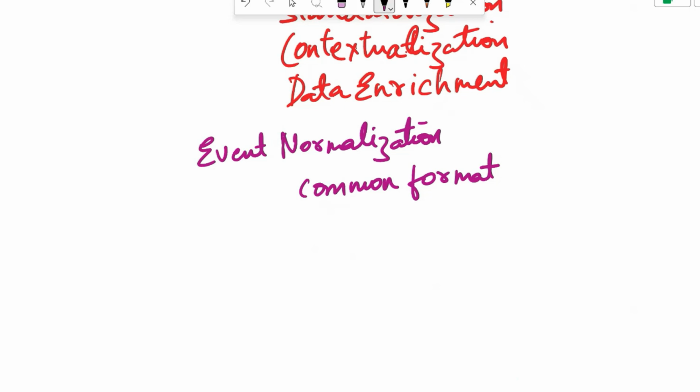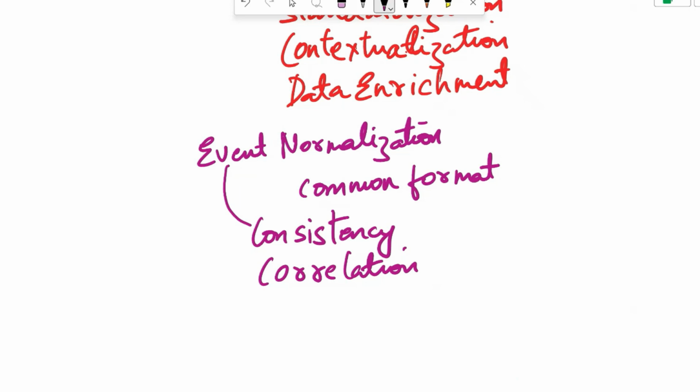Normalized events typically include a predefined structure that includes standardized field names, values, and units. Let's see the functions of normalization. First one is consistency. Normalization standardizes event data, ensuring that the same type of event from different sources has consistent attributes and fields.